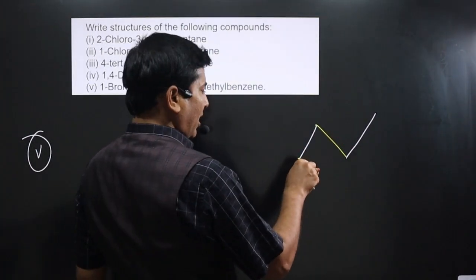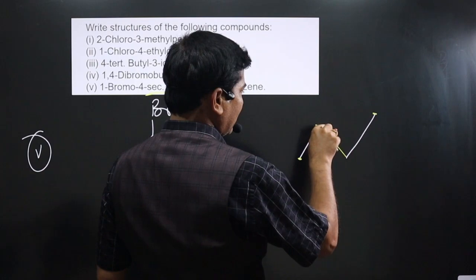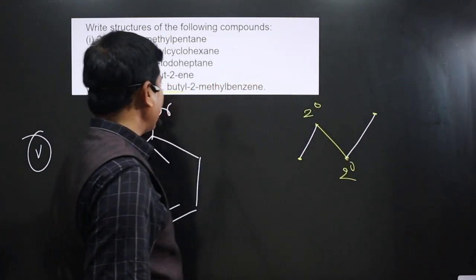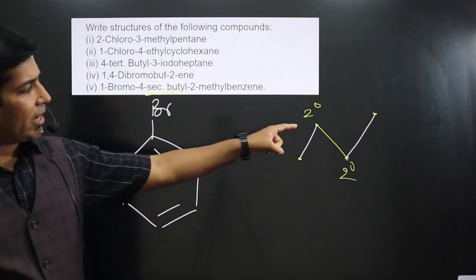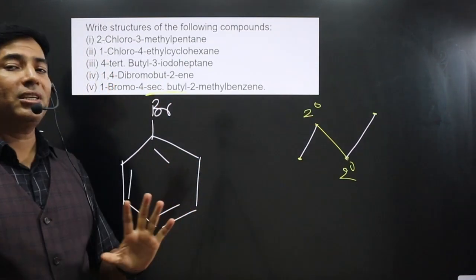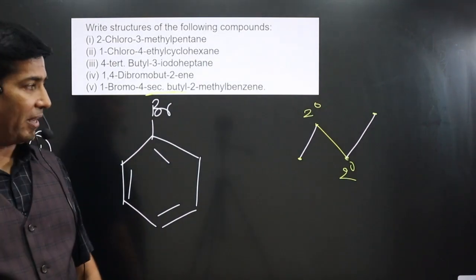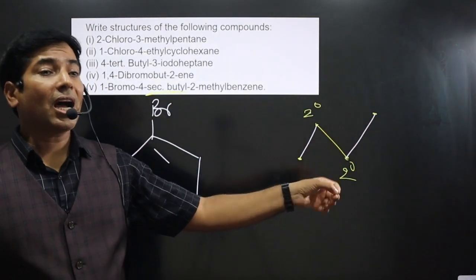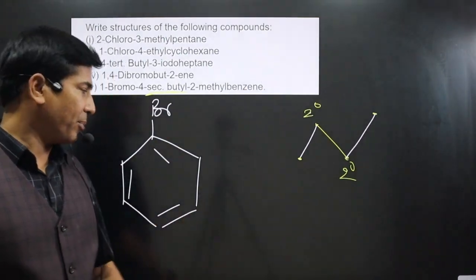So this is primary carbon, this is also primary carbon, but this is second degree carbon, this is also second degree carbon. So it says that secondary butyl, you can see any of these carbon you can attach to the benzene ring at the fourth position. Okay, secondary butyl: the secondary carbon in the butyl group is connected to the parent chain.